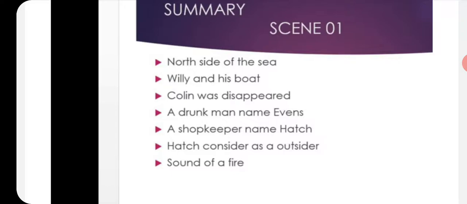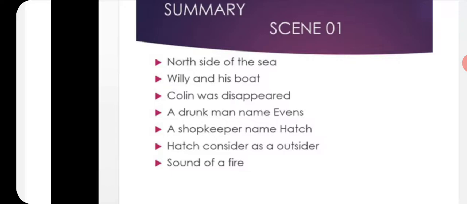The play starts from the very first scene on the north side of the sea, and that north side represents the storm. There is a lot of thunder and rain, and one of the boats is tossing in the water and sinking.